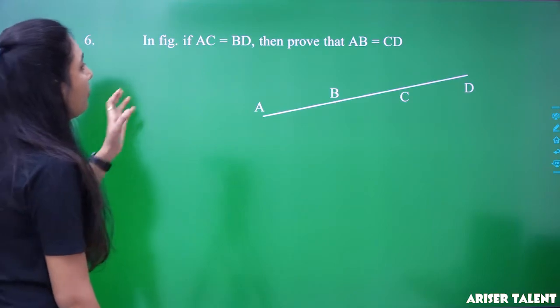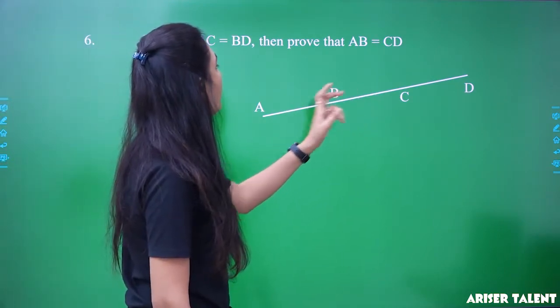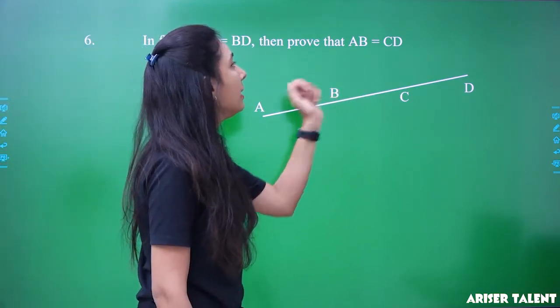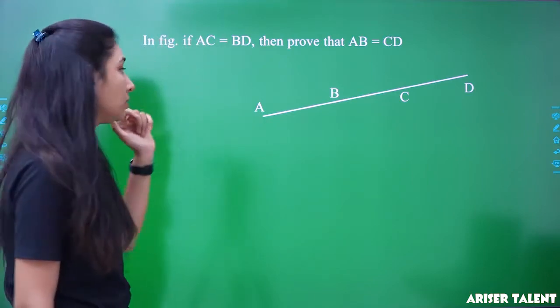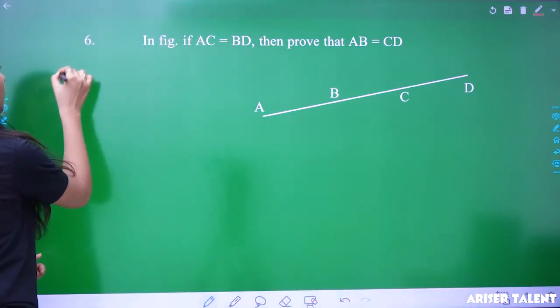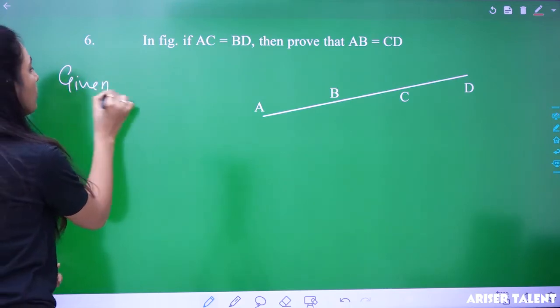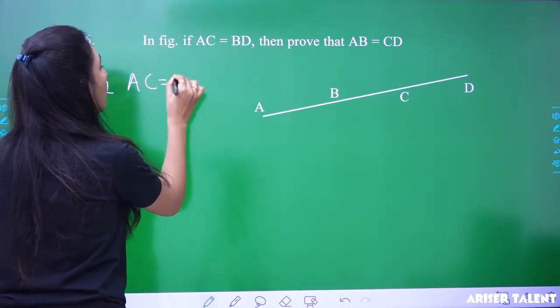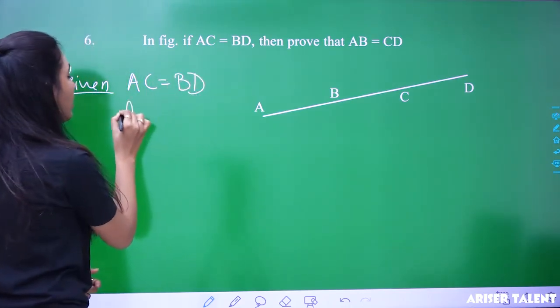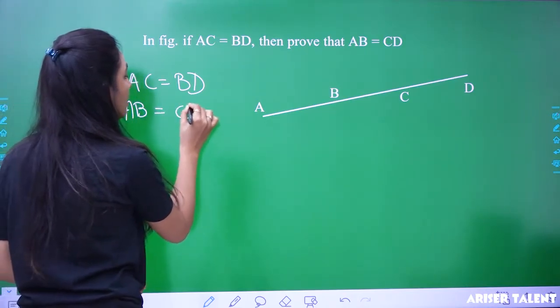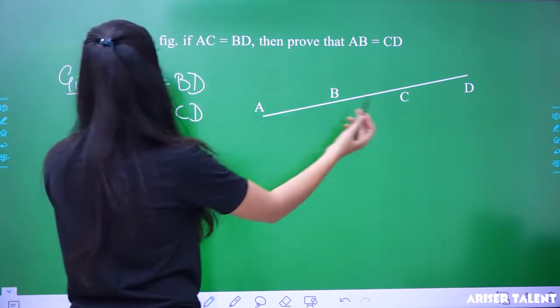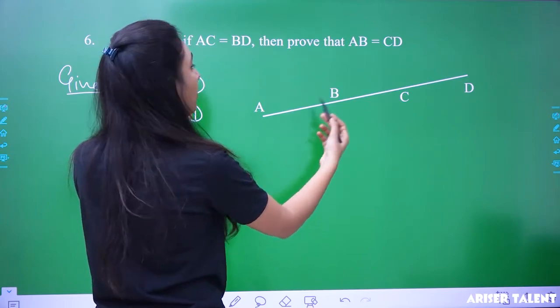Next, in the figure, if AC equals BD, then prove that AB equals CD. What is given to us, guys? AC equals BD.